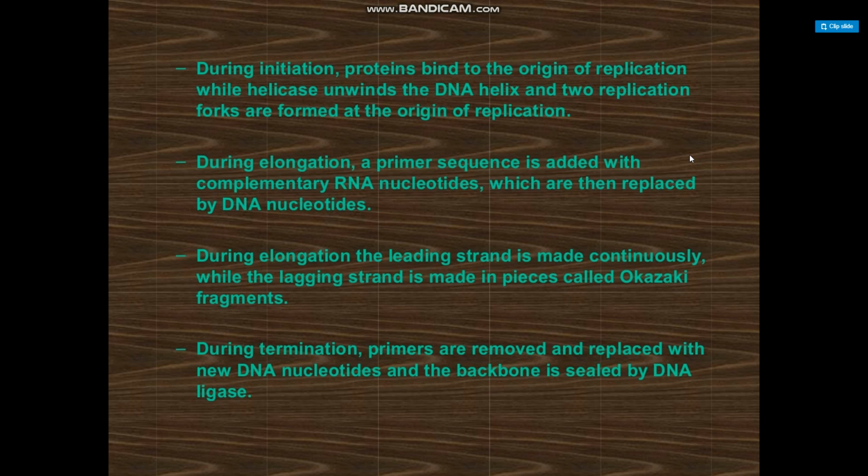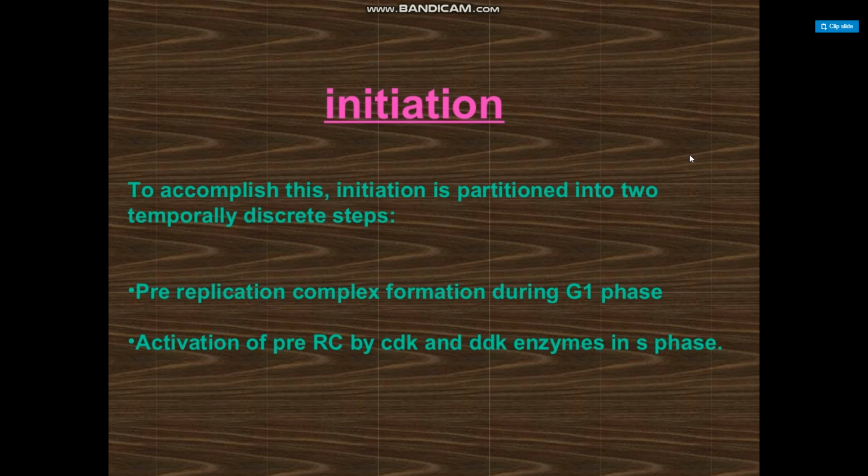The leading strand is made continuously while the lagging strand is made in pieces called Okazaki fragments. In the last step, termination, primers are removed and replaced with new DNA nucleotides, and the backbone is sealed by DNA ligase.